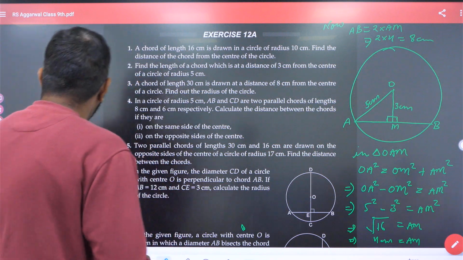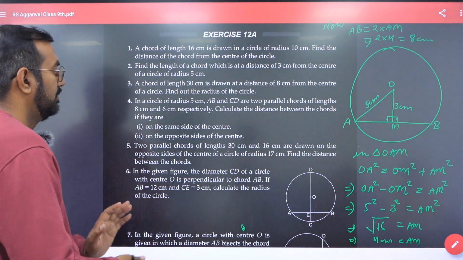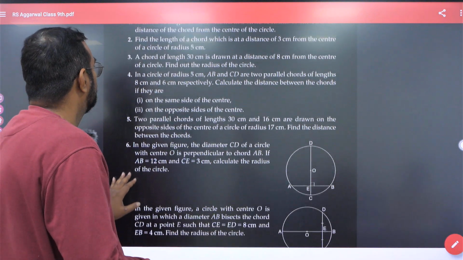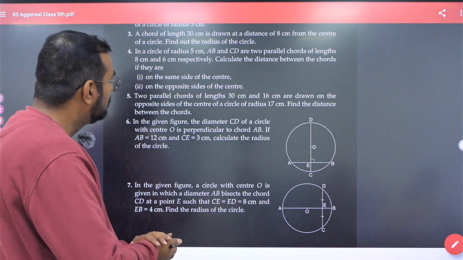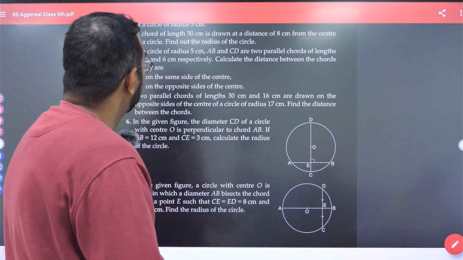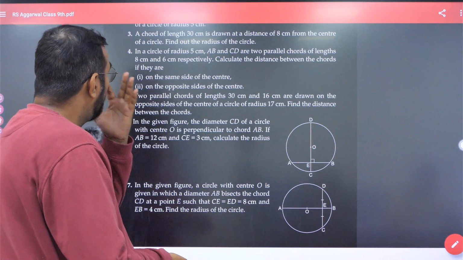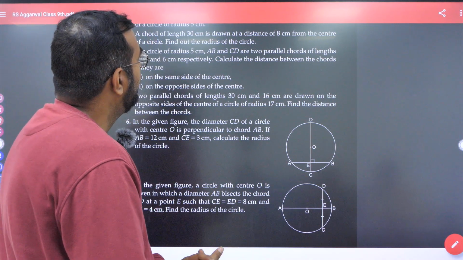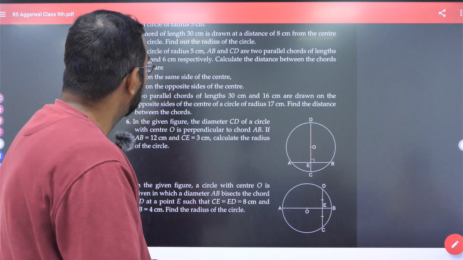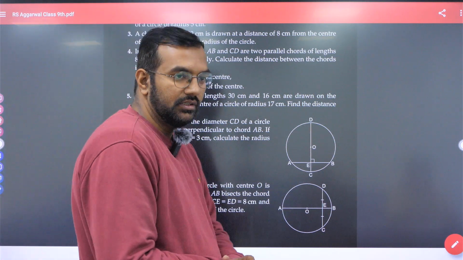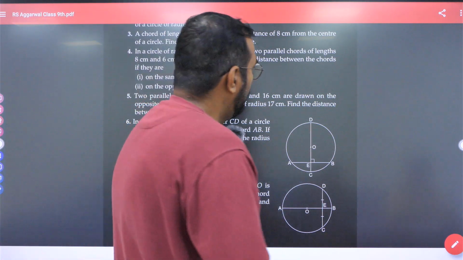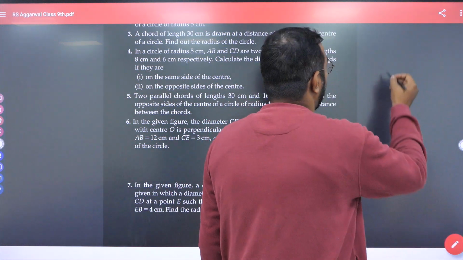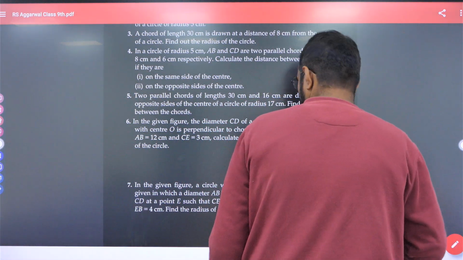Okay, let's move to the question number 3rd. A chord of length 30 centimeter is drawn at a distance of 8 centimeter from the center of a circle. Find out the radius of the circle. It is given that a chord of length 30 centimeter, means there is a circle.